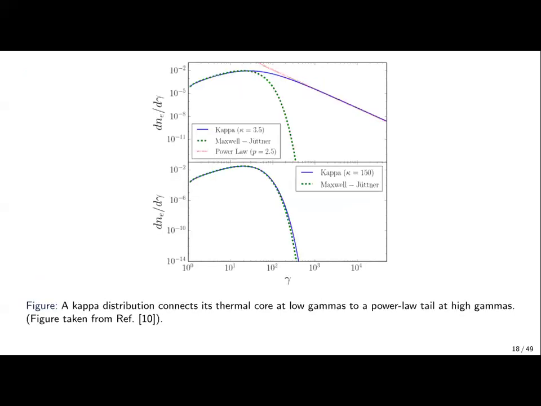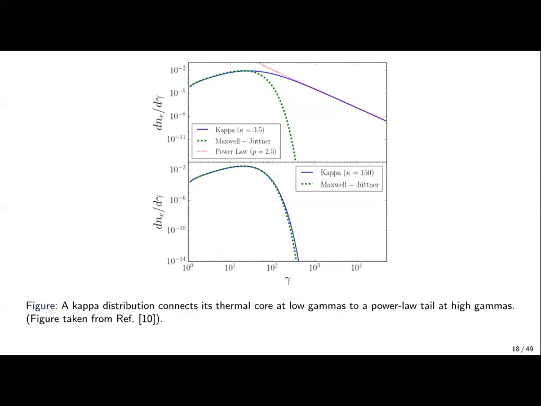And now we can see this picture here. This is the Maxwell-Jüttner distribution. You can see that at high gamma there's a strong cutoff, which is not what we see in interstellar media. Then you can see here the power law distribution, which was introduced back in the day for analytical considerations.